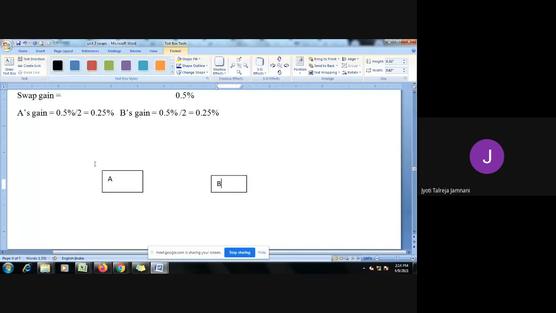What they will pay in the outside market, whatever is the actual, they will pay that.